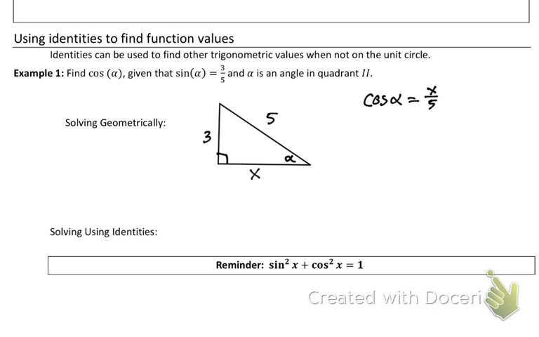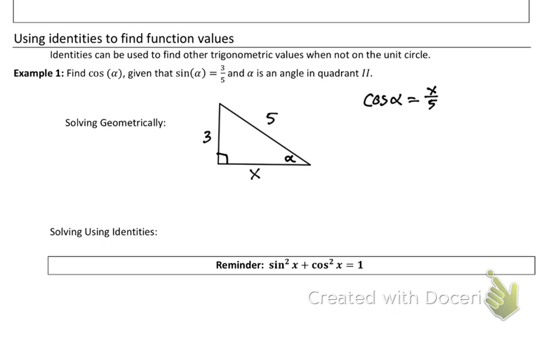How do I find that x? I'm going to use the Pythagorean theorem. It's also a Pythagorean triple. If you realize that there's a 3, 4, 5 triangle, that's one way we could do it. But we're going to use the Pythagorean theorem: a squared plus b squared equals c squared. In other words, side squared plus side squared equals hypotenuse squared.